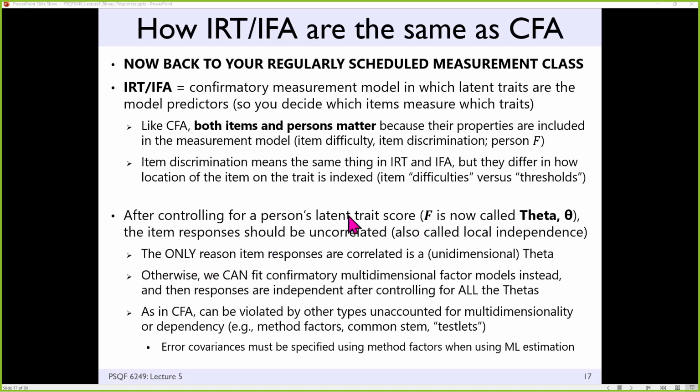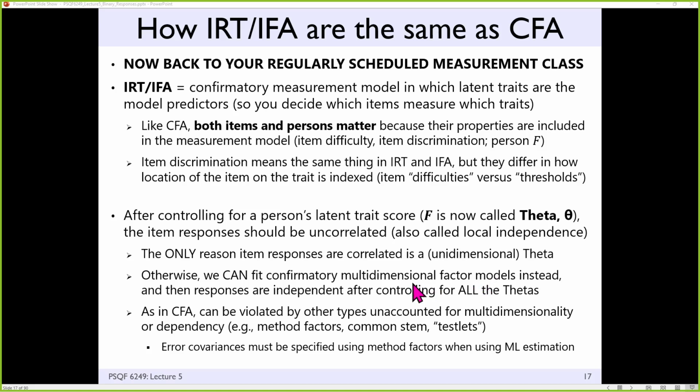So like the CFA models we just finished, the idea is that the latent trait theta is supposed to be predicting why the responses were related. So the pattern of covariance among the items represents a testable hypothesis. A single factor model, or a unidimensional model as it's called in IRT, would say that the item responses are supposed to be uncorrelated after you fit your theta. Theta is the reason they were related.